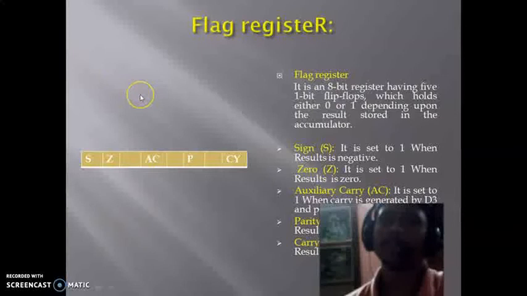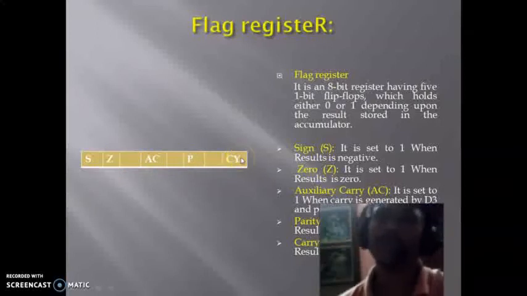And if the result is 0, at that time the Z flag, the zero flag, will be set. If the result is a non-zero value, then it will be reset, which means it will be 0.